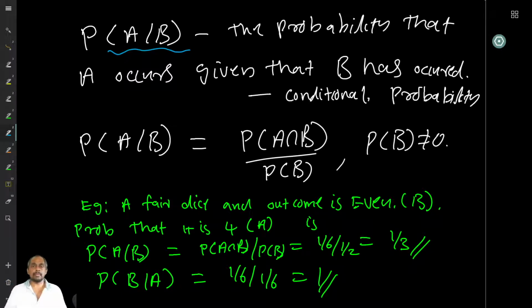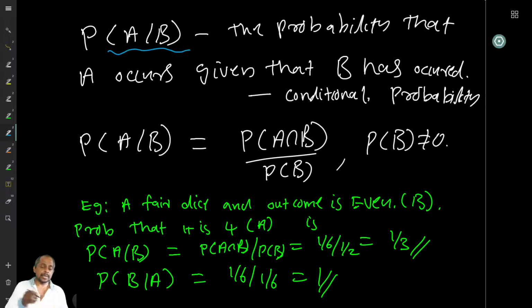Even though the probability of 3 occurring in a toss of a die is 1/6, once I tell you that an odd number has come up, you can immediately say that the probability is actually 1/3, not 1/6, because it could be any of the 3 odd numbers, equally likely. So the probability of A given that B has happened could be different. This is called the conditional probability. Probability of A given B is the probability that A happens given that B has happened.